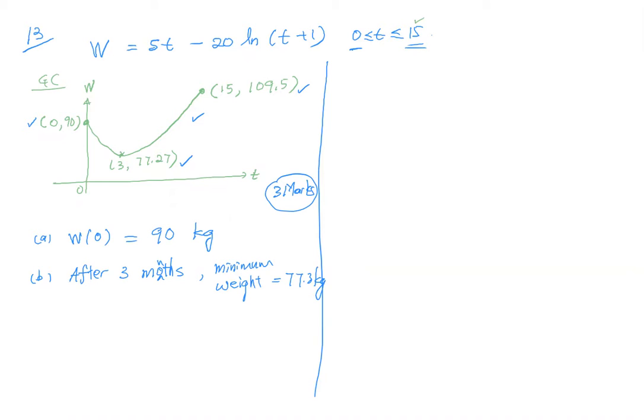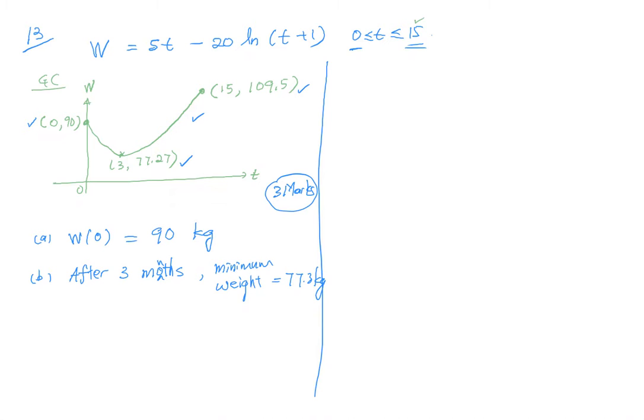Done. So you see, for this chapter, if I didn't say by calculus, or I didn't say find algebraically, with the help of your graphic calculator, you can do it. Okay, so now by calculus.